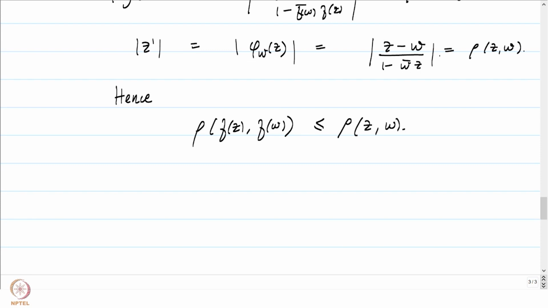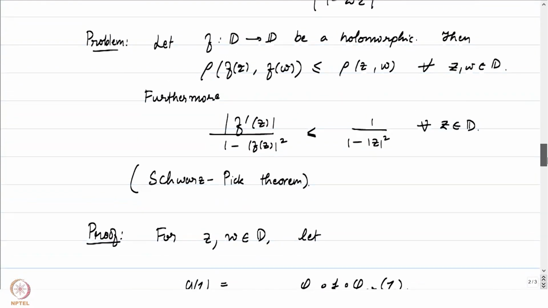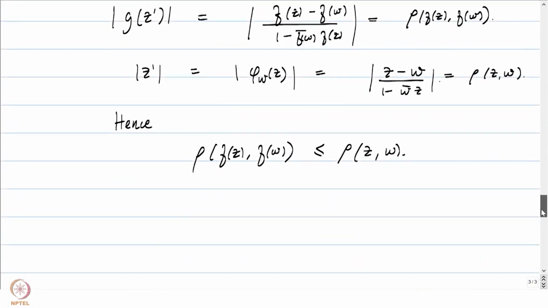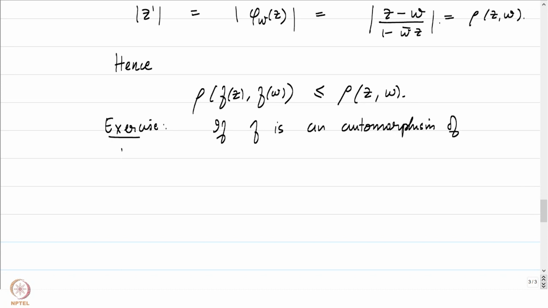So the moment we have a holomorphic self map f of the unit disk, it satisfies this inequality with respect to rho. It's a good exercise to sit down and conclude that if f is an automorphism of D, then the above inequality is an equality.